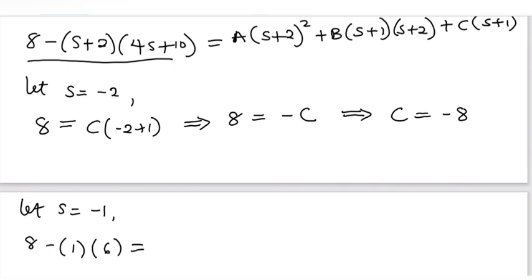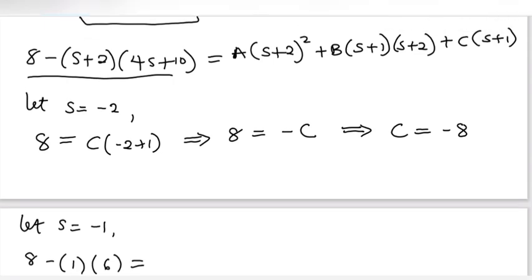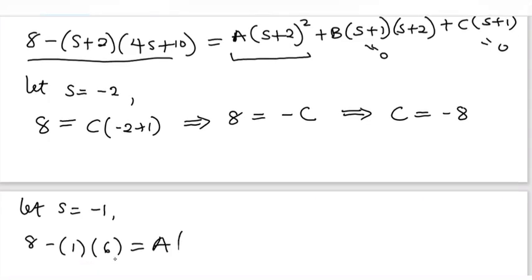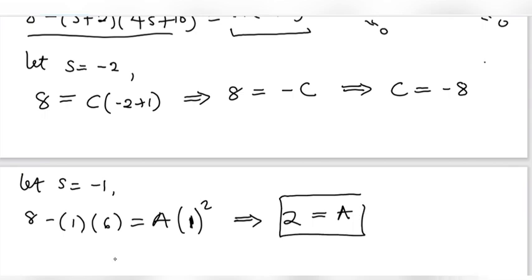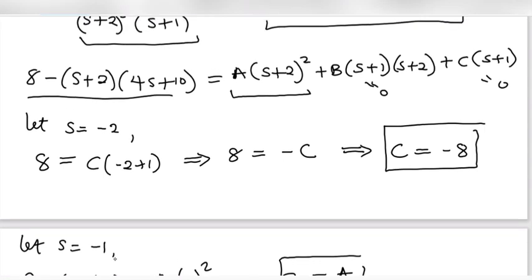This will be equal to, for -1, if you look closely, this will be 0 and this will be 0, and all we'll have left is this term here. So this gives us A into (-1 plus 2), which is just 1, squared. This implies that 8 minus 6, which is 2, is equal to A. We now know the value of A and the value of C. All we have left is to find the value of B.